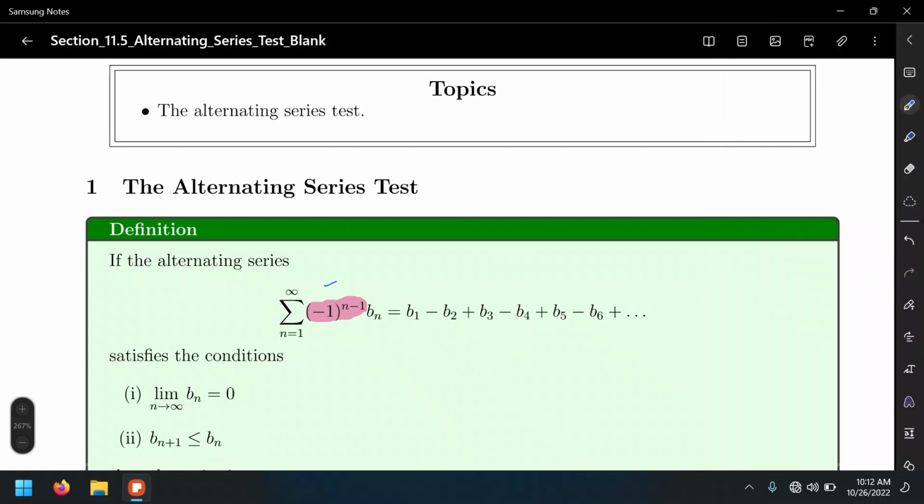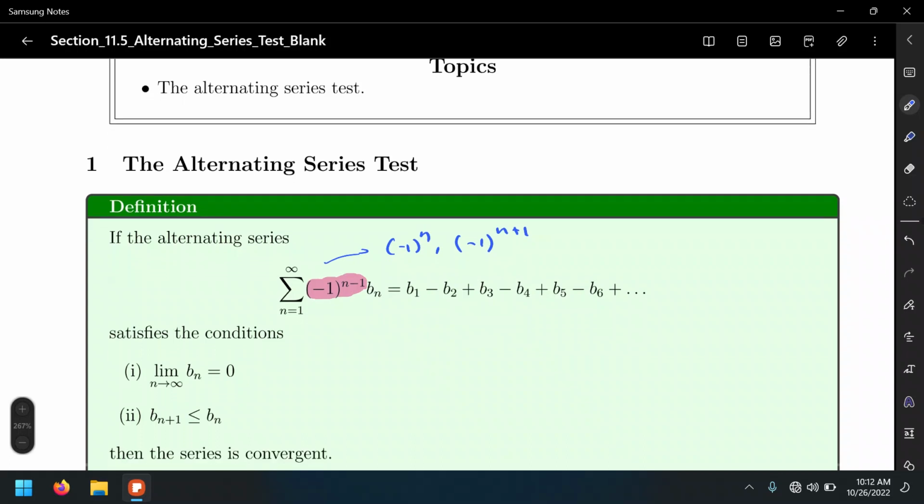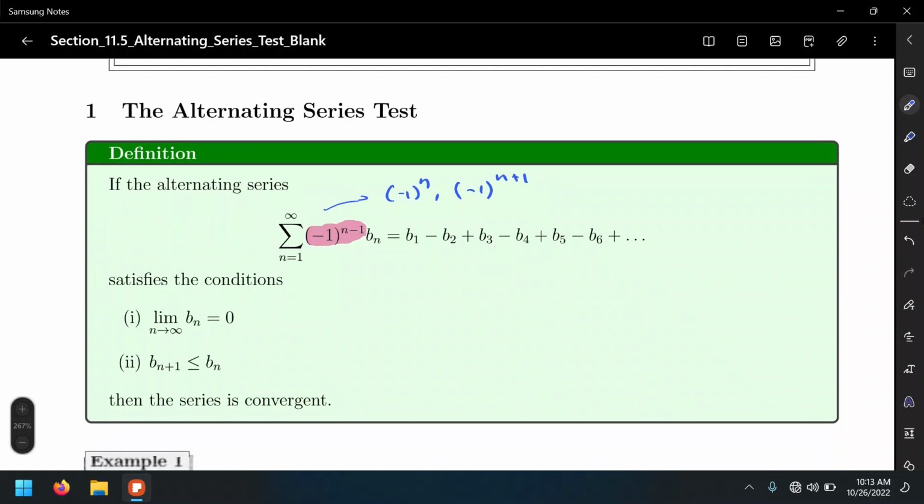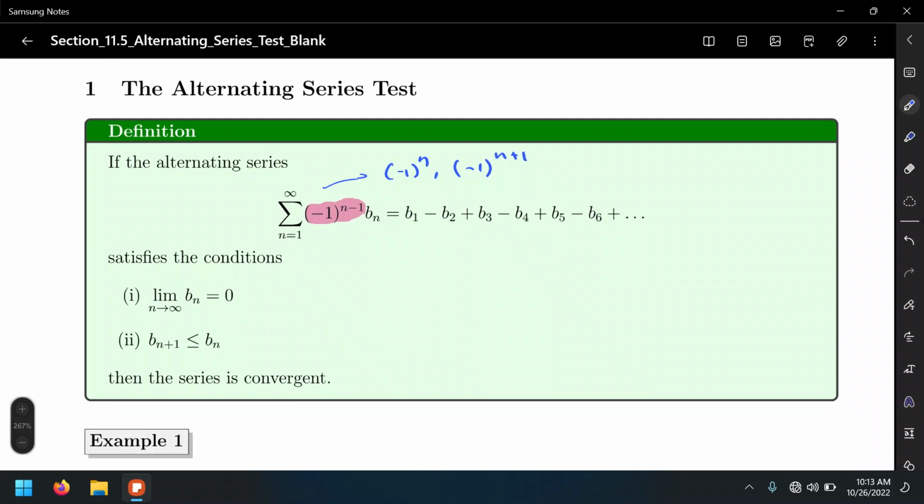The other possibility is negative 1 to the n or negative 1 to the n plus 1. That's another way to express this kind of alternating factor, which makes the terms positive, negative, or sometimes negative, positive. There are different ways to show an alternating series.